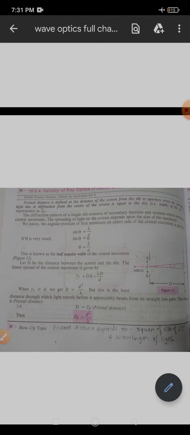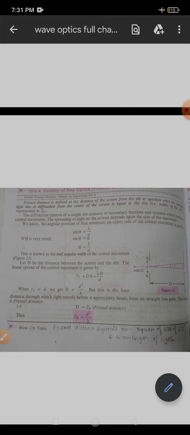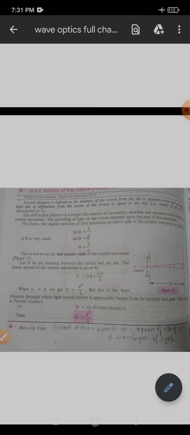So we will get theta equal to lambda divided by d. This is known as the half angular width of the central maximum.